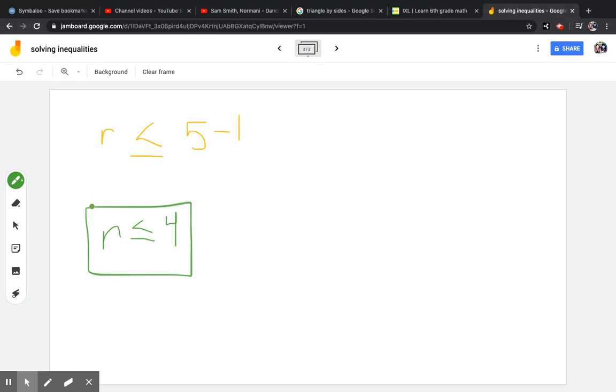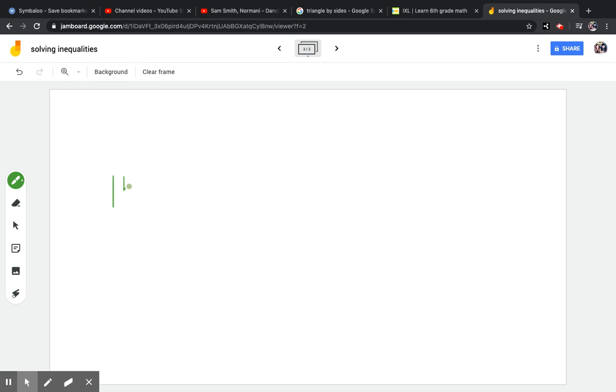All right, now these are nice and simple. This is about as easy as IXL will be, but these can also be just like what we've been doing with our equations. So if I have 14 plus x is less than, let's do 28. All right.